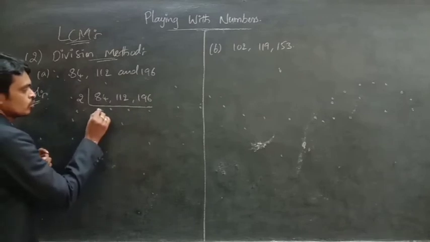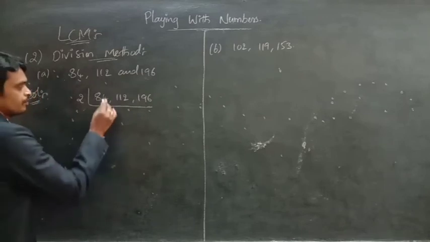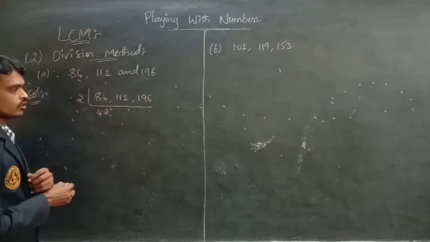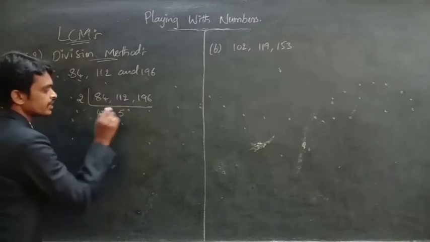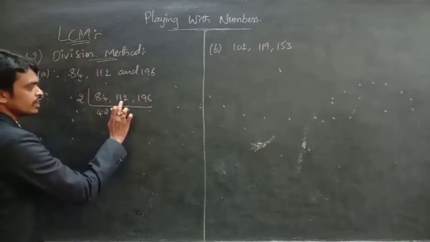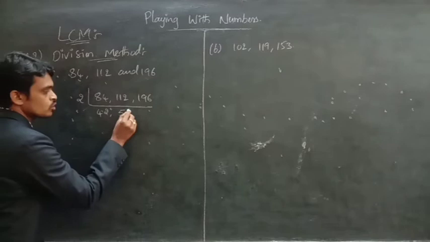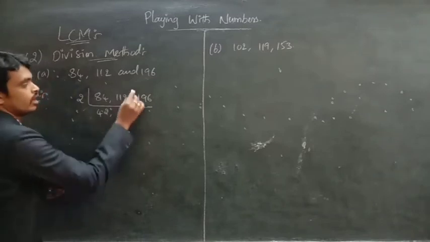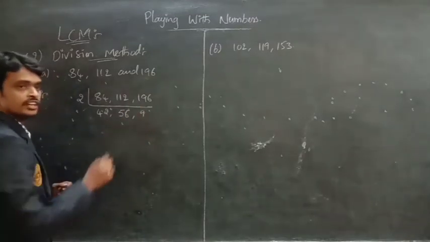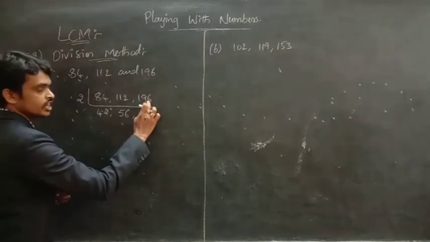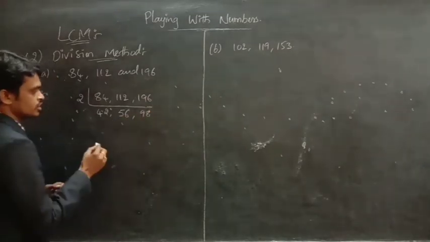Here I am taking 2. 2 fours are 8, 2 twos are 4, 2 fives are 10, remaining 1, it will be 12. 2 sixes are 12, 2 nines are 18, remaining 1, 16. 2 eights are 16.